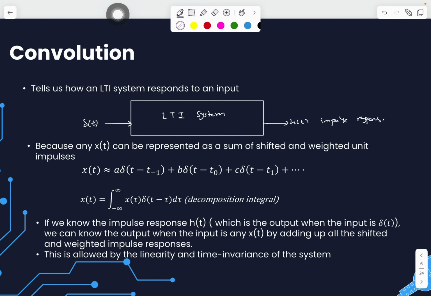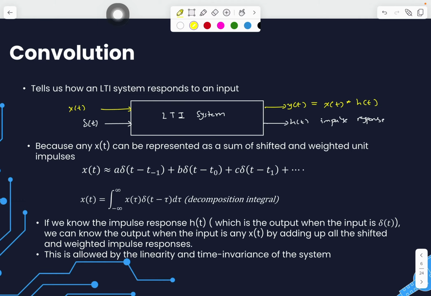And if we know h of t, we can pretty much know the output of this system to any input signal. So for example, if the input signal is x of t, the output is going to be y of t, and y of t is going to be x of t convolved with the impulse response h of t.